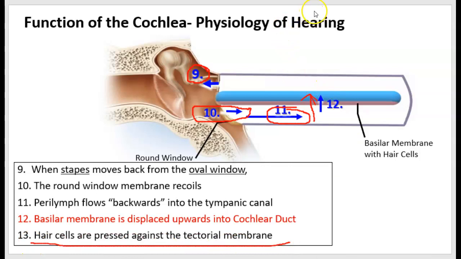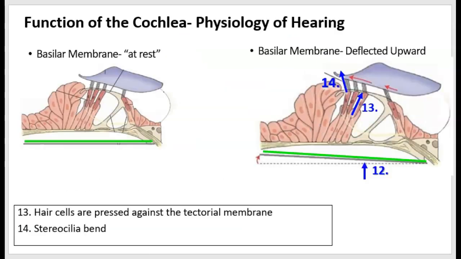So we need to look at a different picture so we can see the hair cells. So at rest, this basilar membrane is kind of flat. The hair cells are touching the tectorial membrane, but the stereocilia aren't bent.